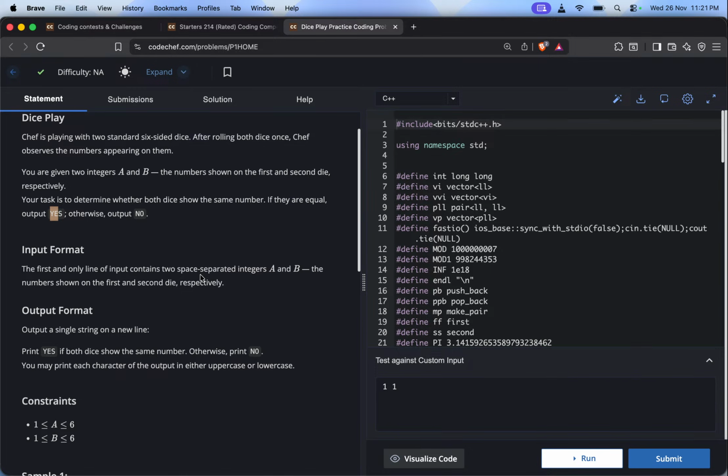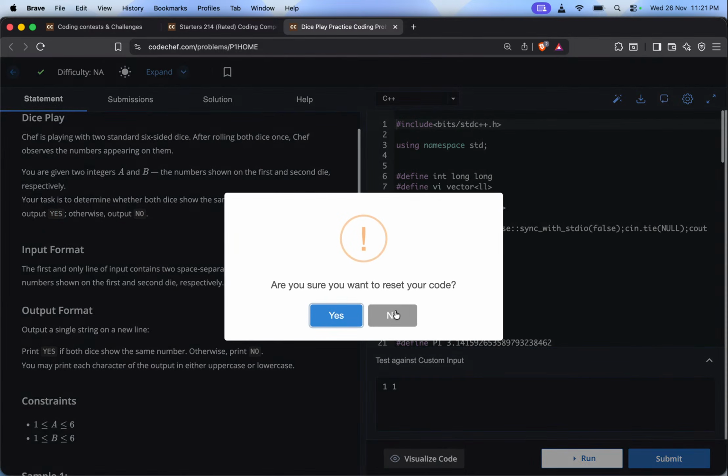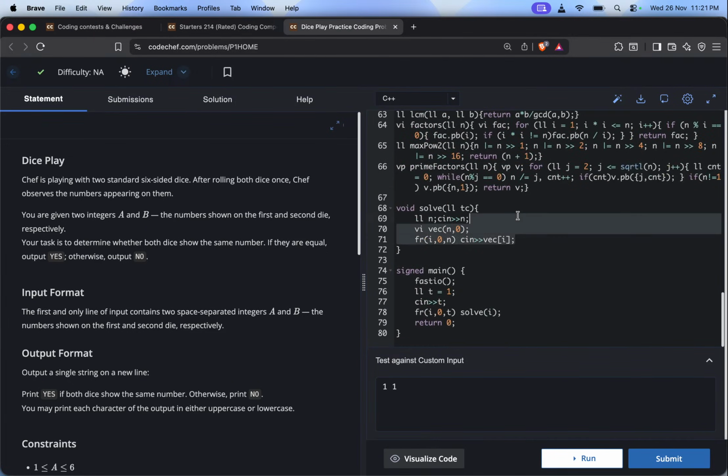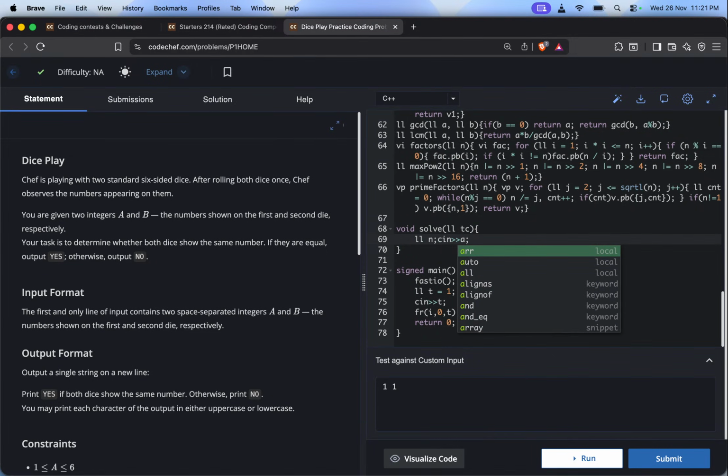So this is just a computation problem where if the two numbers given are equal, we need to print yes, and if they are not equal, print no. So just write if else statements.